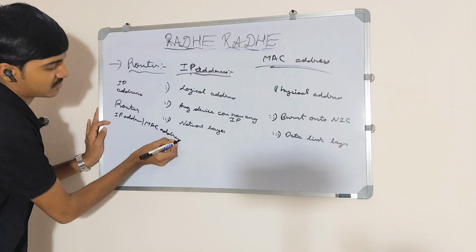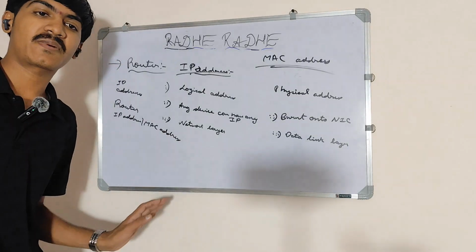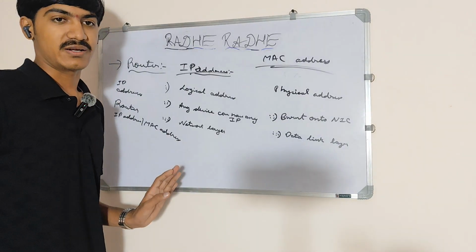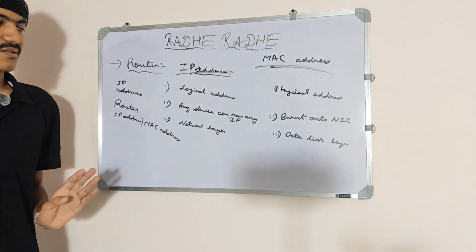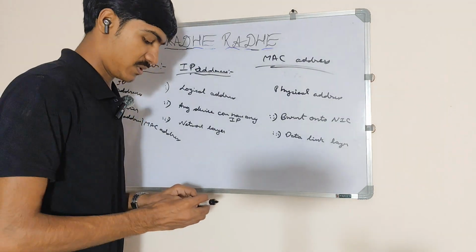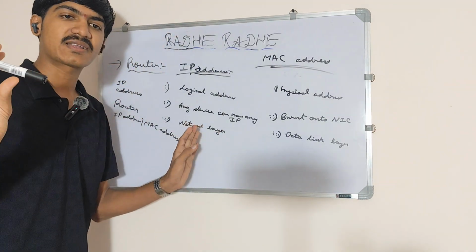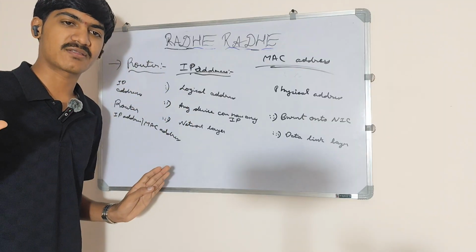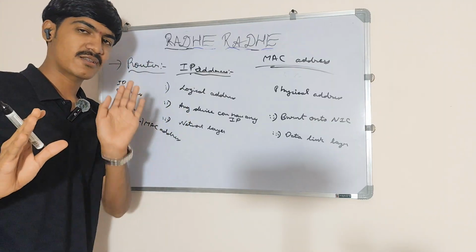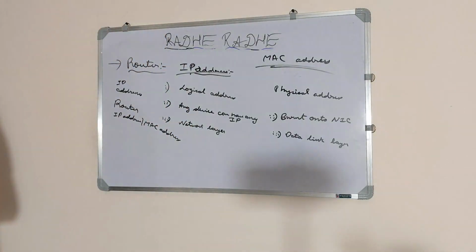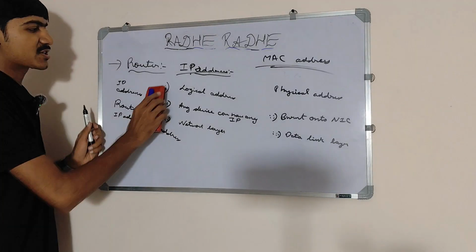That is the reason we need IP. The internet has no idea about MAC addresses; it understands only IP addresses.